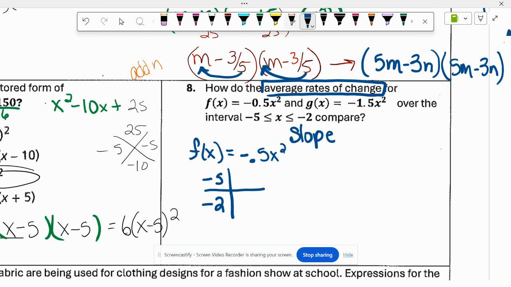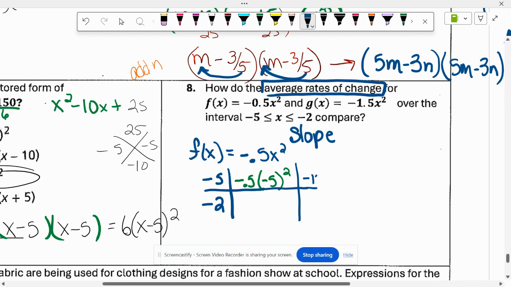Well, when x is negative 5, I'm going to show my work right here. That gives me negative 0.5 times negative 5 squared, which is negative 12.5. And when x is negative 2, I have negative 0.5 times negative 2, the quantity squared, and that gives me a negative 2.